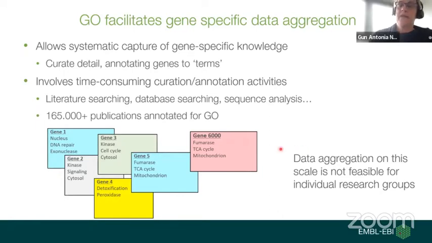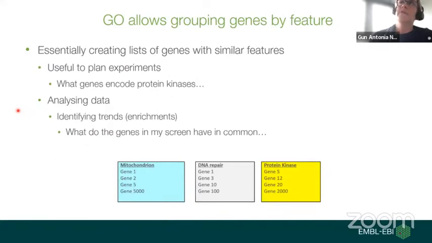Obviously, this kind of data aggregation is not feasible for individual research groups, to make these lists for every single gene of the 20,000 plus human genes, for example, or whichever organism you happen to work on. So in the Go, it allows us to regroup things.